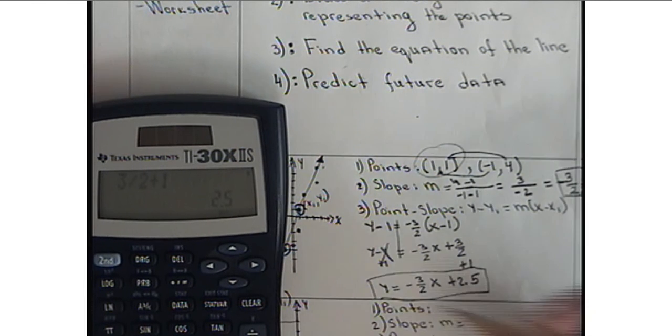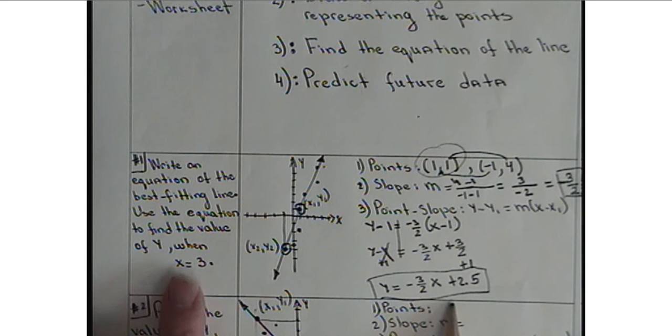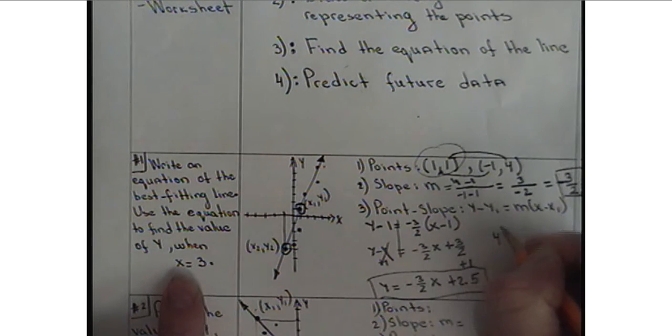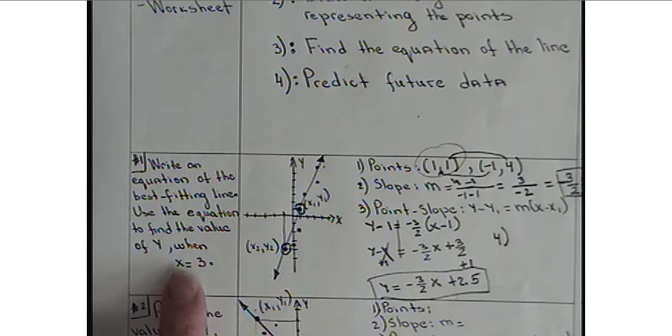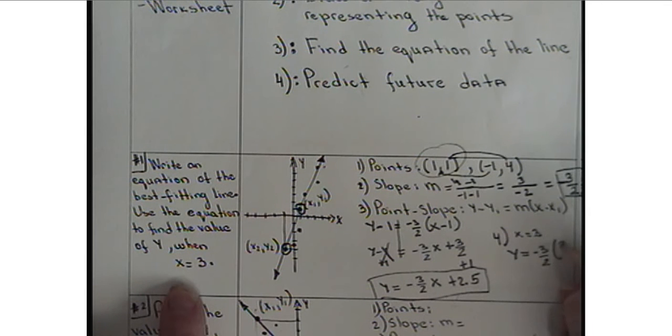Now that was the third step, the equation they asked us to calculate. Now the final thing, the new solution, step 4 for today, says predict the future data. What will y be equal to when x equals 3? So when x equals 3, we're going to use this equation and we will say y is equal to negative 3 over 2, and instead of x, make sure you put the number 3, plus 2.5.